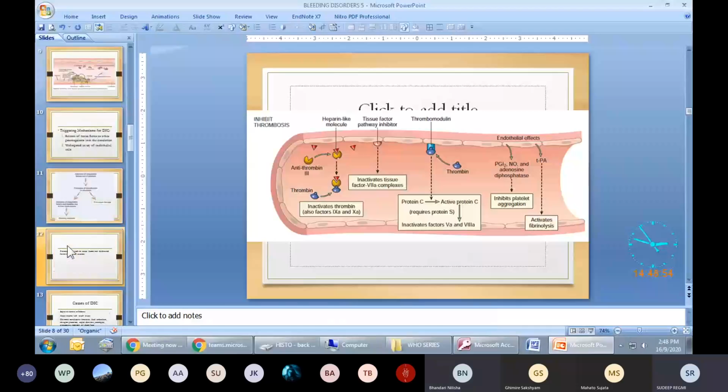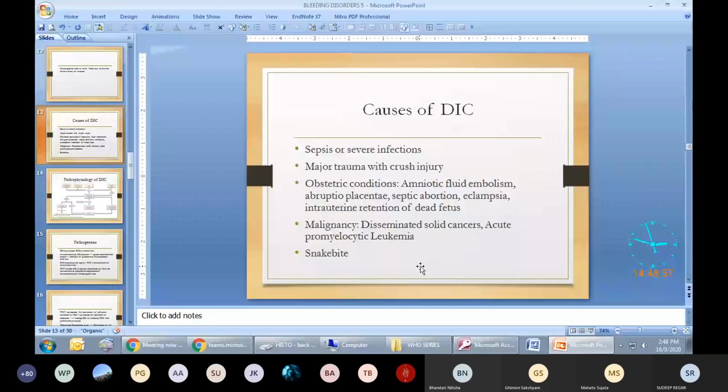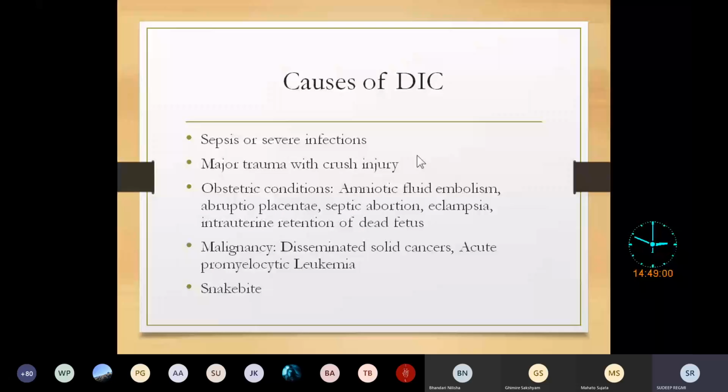So we'll go to causes of DIC. This we have already finished. Sepsis or severe infections, major trauma with crush injury, obstetric conditions like amniotic fluid embolism, abruptio placentae, septic abortions, eclampsia, and intrauterine retention of a dead fetus.